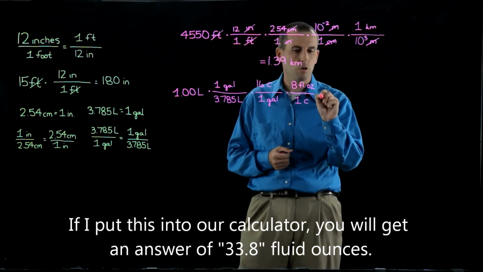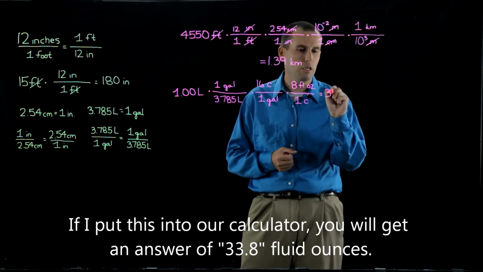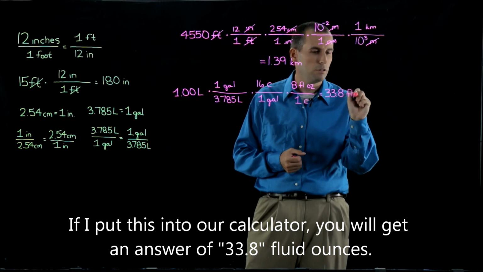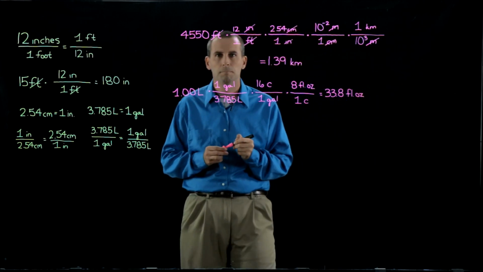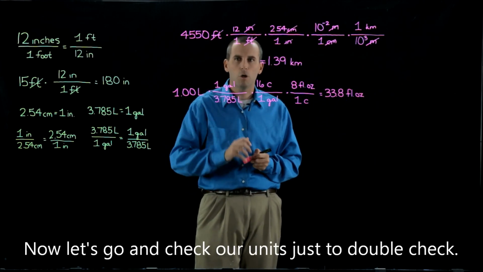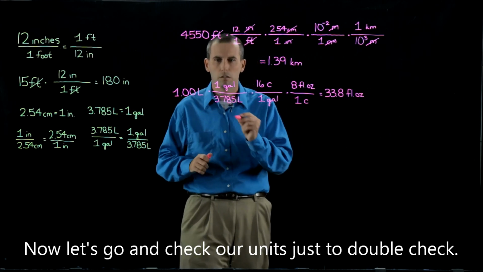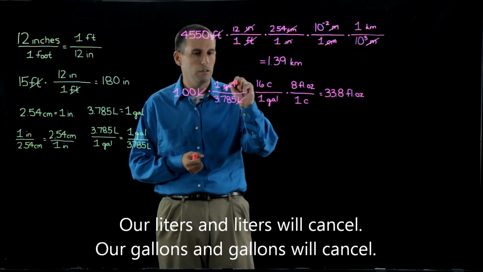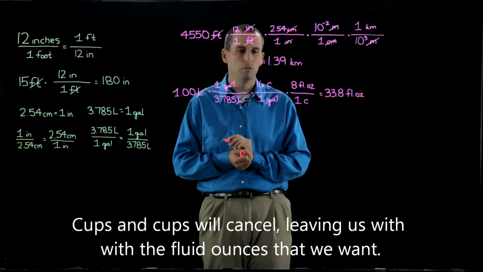If I put this into our calculator, you will get an answer of 33.8 fluid ounces. Now let's go and check our units just to double check. Our liters and liters will cancel. Our gallons and gallons will cancel.